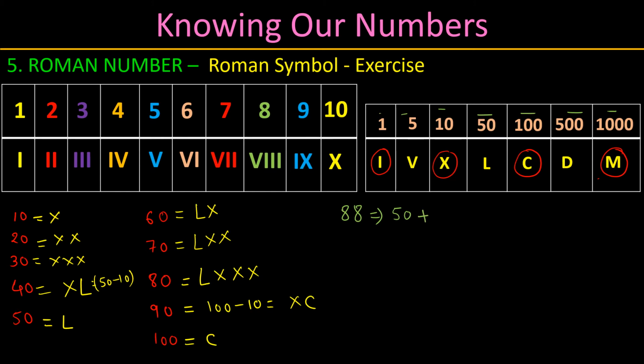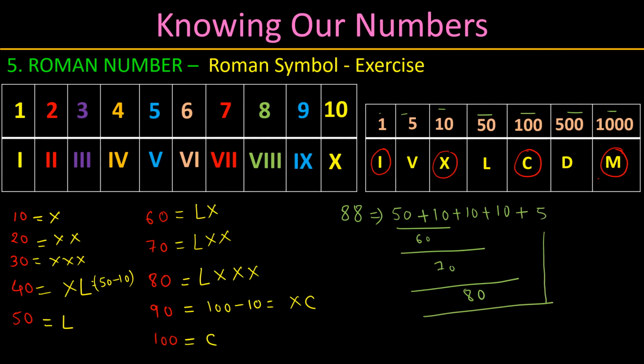Plus 10, 1 2 3, so here it is 60, here it is 70, here it is 80. Plus 5, till here it is 85, plus 1 plus 1 plus 1. How much? 88, right?